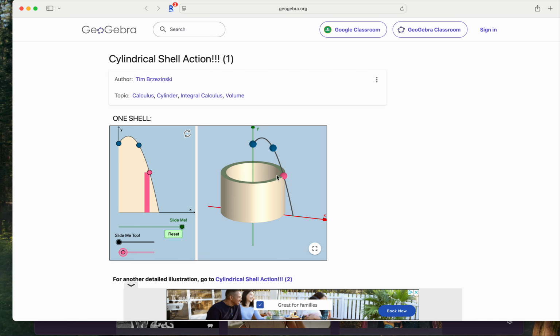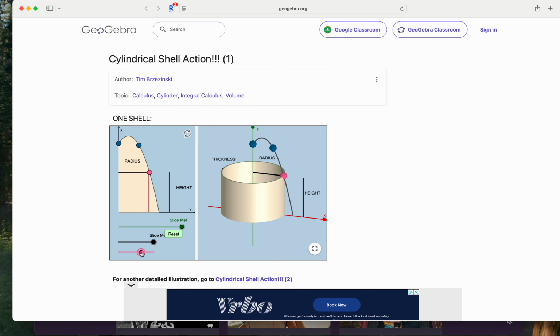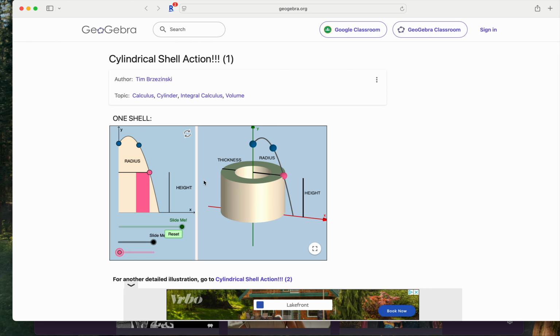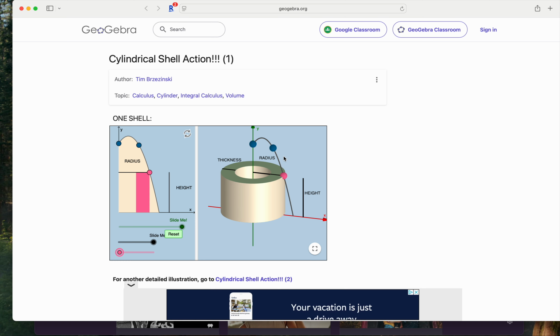Usually the inner radius we call R1, and R2 is the outer radius. To get a good approximation, we want n cylindrical shells, but we'll let n tend towards infinity, thus giving us V, an exact volume for this solid of revolution.